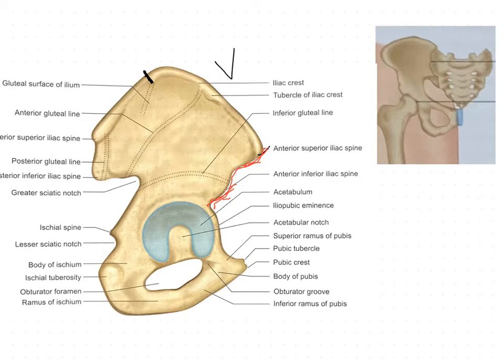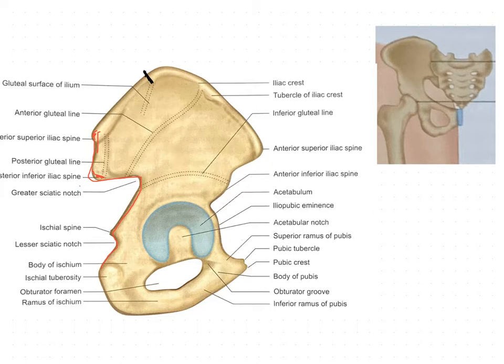Now we will move on to the posterior border. The posterior border of the ilium extends from the posterior superior iliac spine to the upper end of the posterior border of the ischium. So now you can see, this border will continue like this, up to here. A few centimeters below the posterior superior iliac spine, it presents another prominence called the posterior inferior iliac spine.